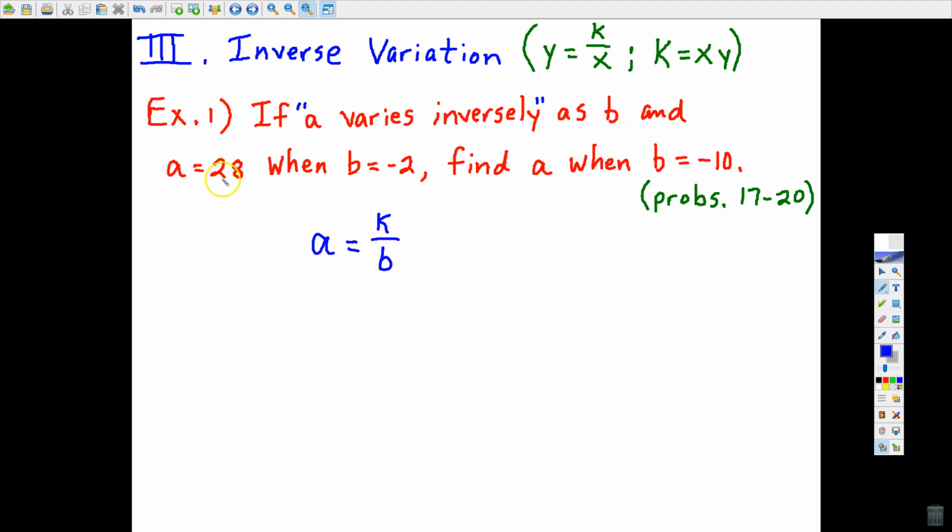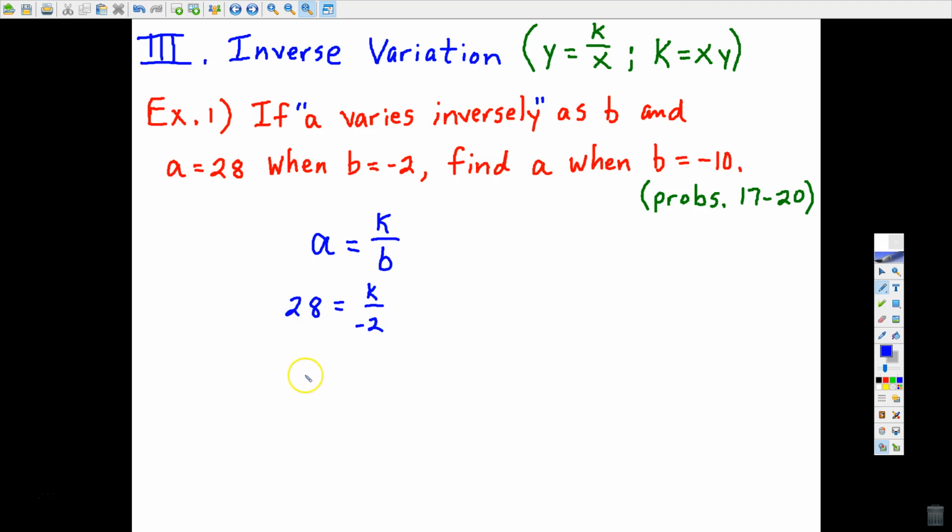Okay, A is 28 when B is -2. That's helpful. I've been given the value of A and B so that I can find out what K is. Just like we looked at with direct variation, we've got to find out what this value is so that we can find the final answer to this problem. So let's plug in 28 for A, -2 for B, and that's going to help us know exactly what K is.